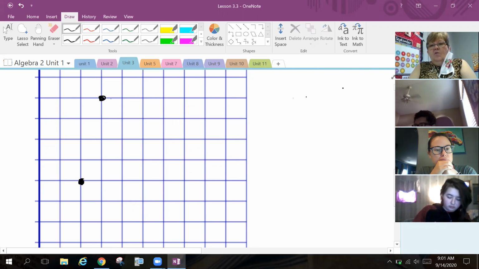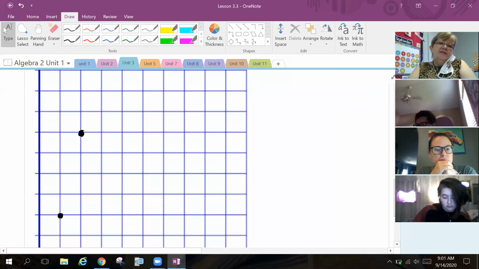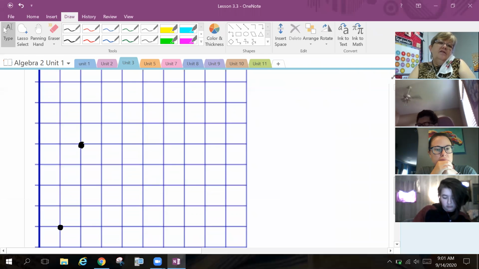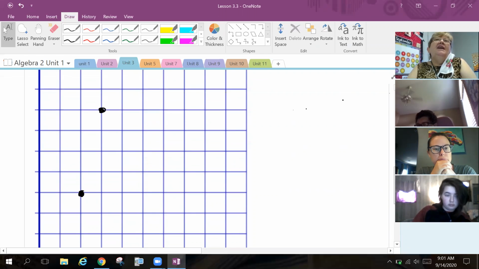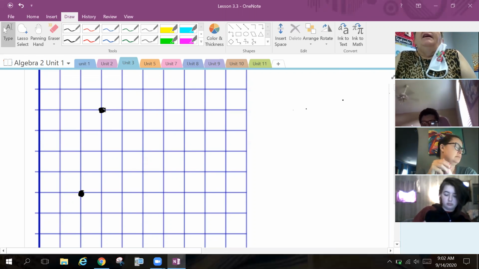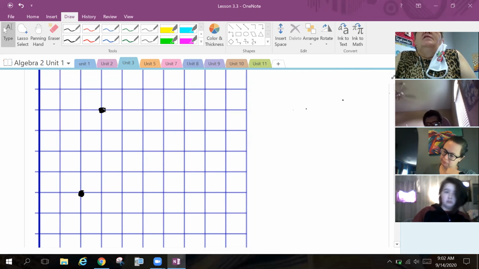Now, what I want you to see on this graph, what kind of graph does that look like? Yes. And what did we say about arithmetic sequences? They're linear, okay?